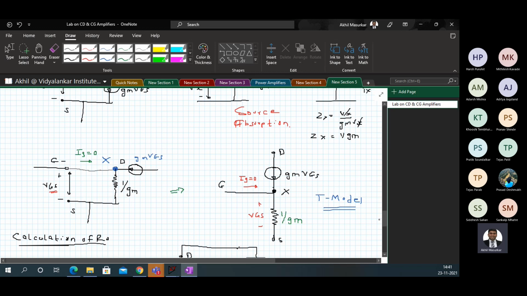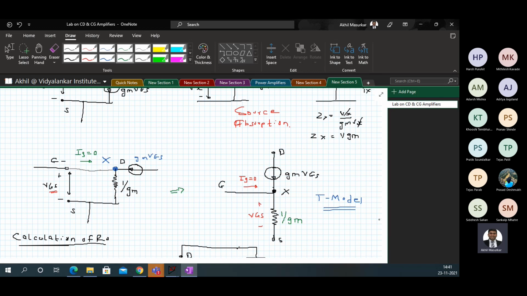So you can add one more theorem to your list of theorems in circuit design.